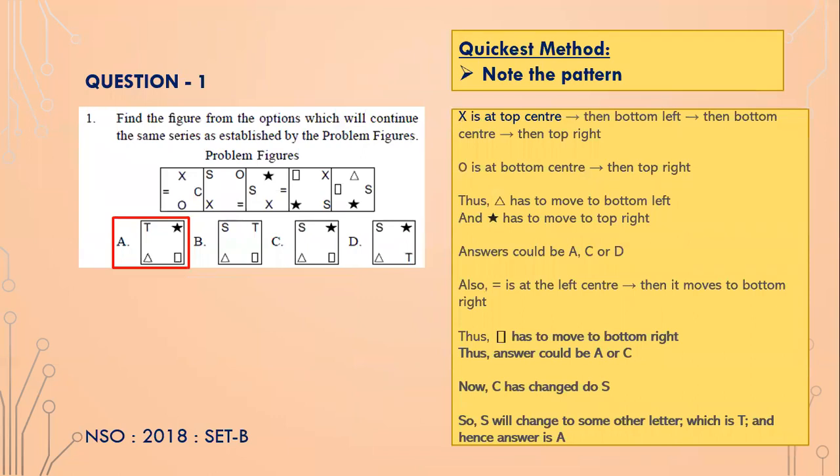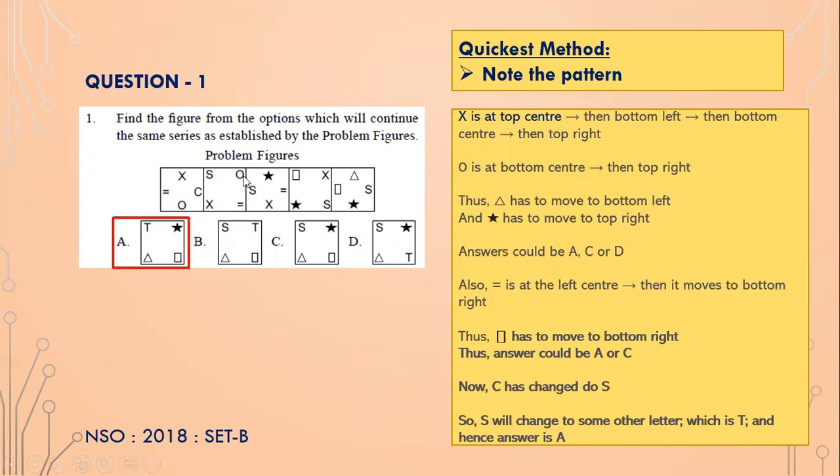So let's begin. The first one is: find the figure from the options which will continue the same series as established by the problem figures. Again note the pattern here. X is at the top center, it comes to the bottom left, isn't it? And O, which is at the bottom center, goes to the top right.